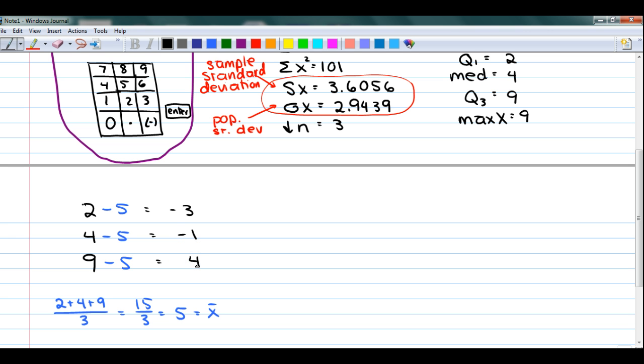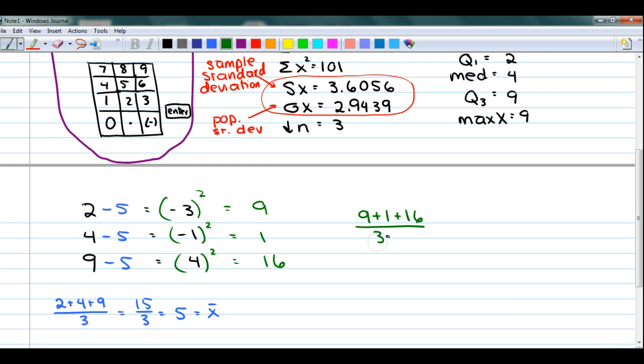Then we want to take those values and square them. That gives me 9, 1, 16. Now, if I'm doing sample standard deviation, I add those guys up, I divide by 1 less than how many numbers are in my list.